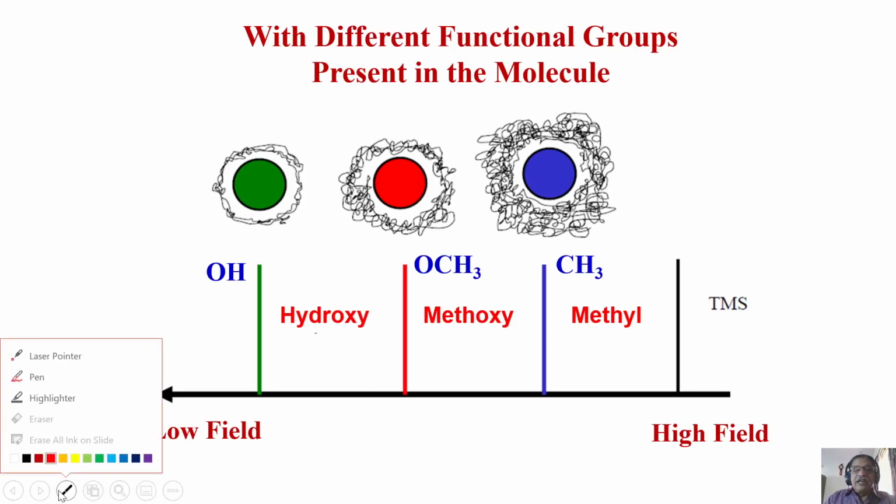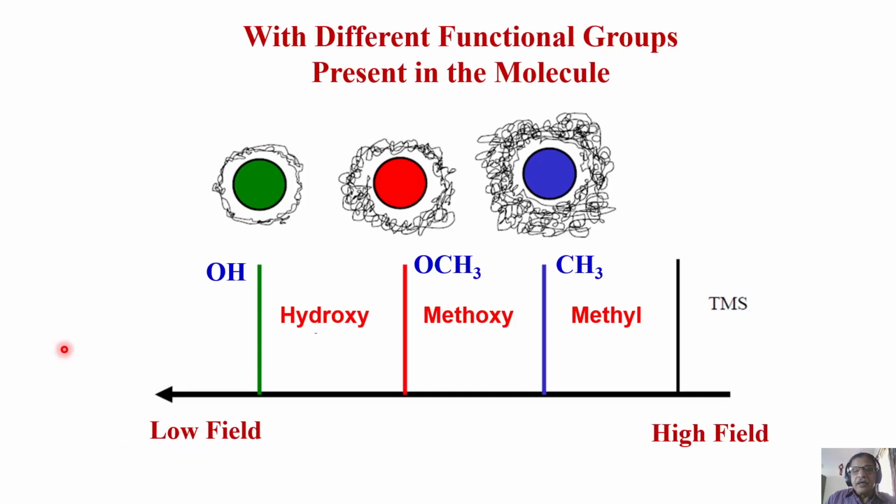With different functional groups present in the molecule, we also have different shielding. As a consequence, the peaks resonate at different fields. Look at this CH3, which we discussed, which comes here. Now, I will take an OCH3 group, a methoxy group.